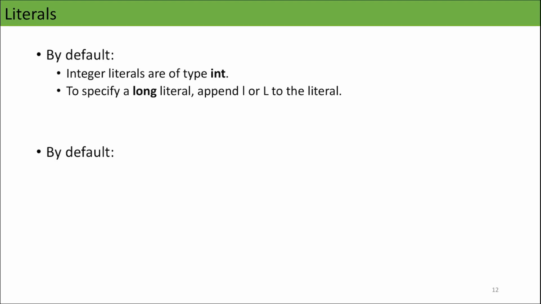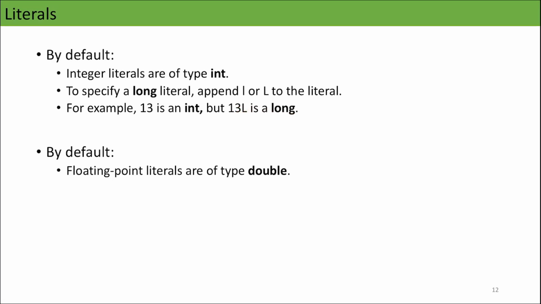To specify it as a long, I need to add L, lowercase or uppercase, to it. So I can say 50L, and that will force it to be long. Otherwise, it is by default of type int. For example, 13 is int, but 13L is long because I added the L there.